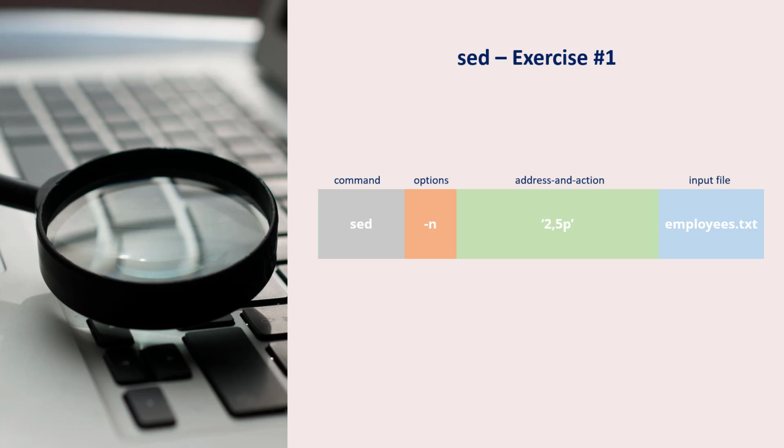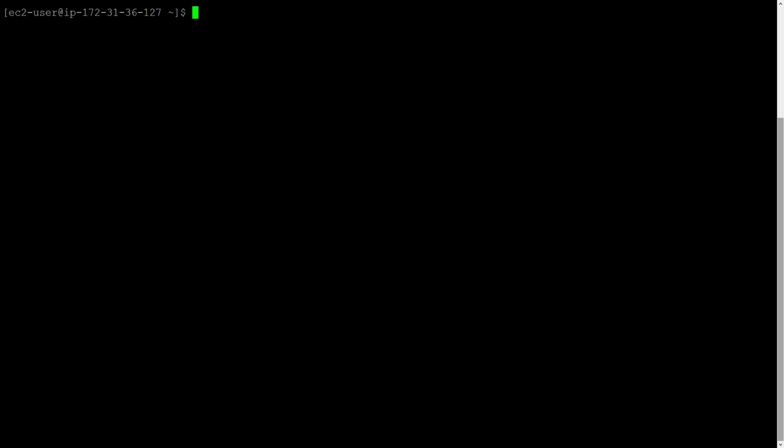So together our address and action part reads 2,5p. And we enclose the address and action part in single quotes. Then finally we have our input file employees.txt.